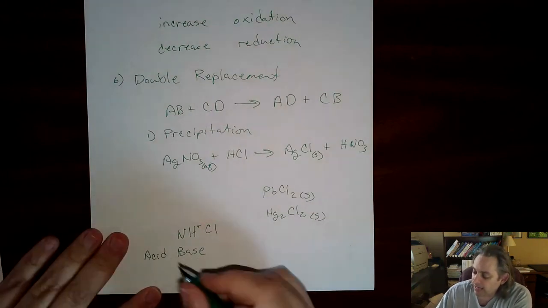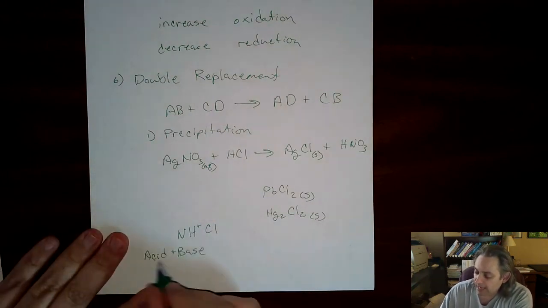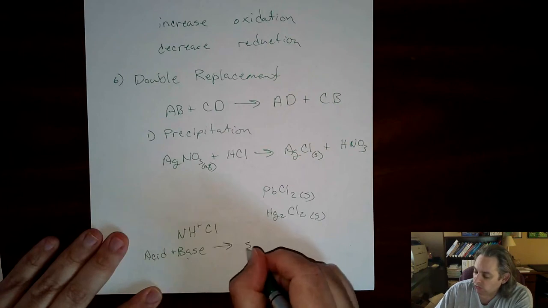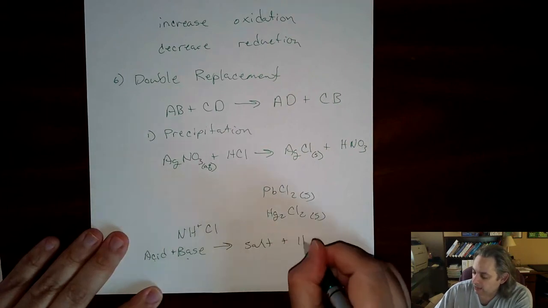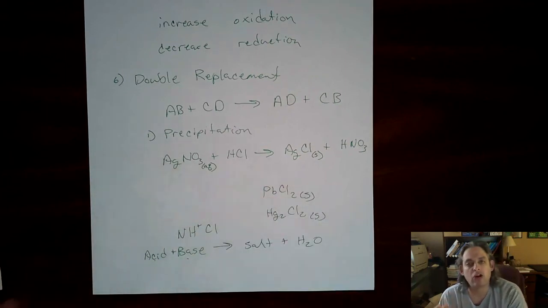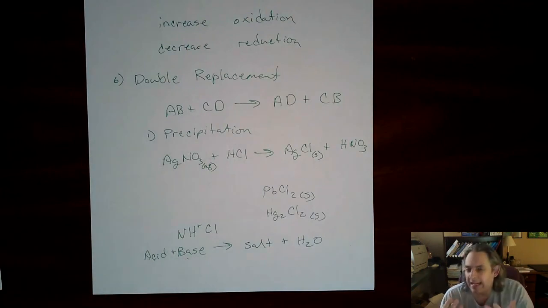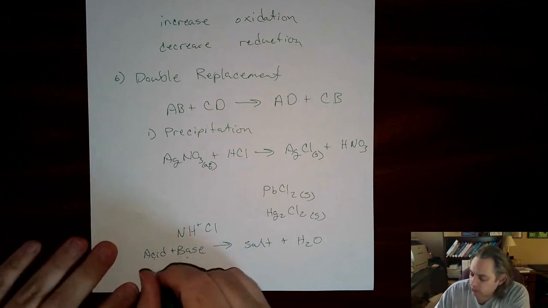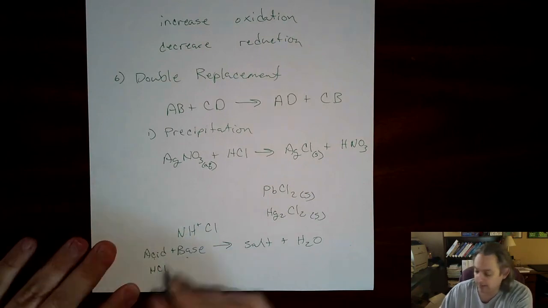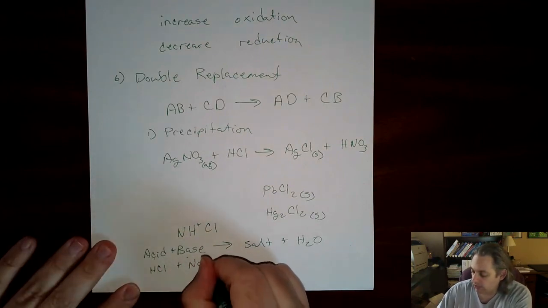Whenever an acid and a base react together, they will always form a salt and water. Now, salt in chemistry means any ionic compound, so any metal with a nonmetal, or I should say a cation with an anion. An example would be hydrochloric acid with sodium hydroxide.